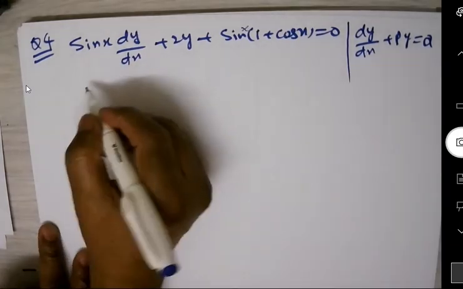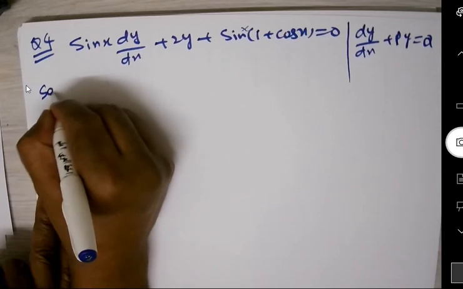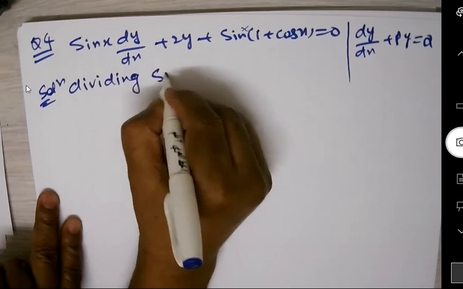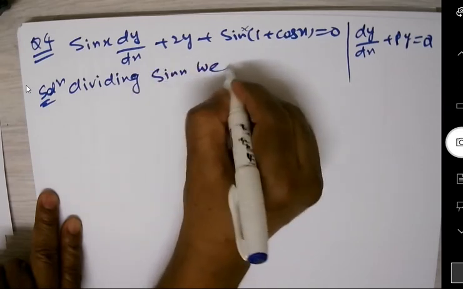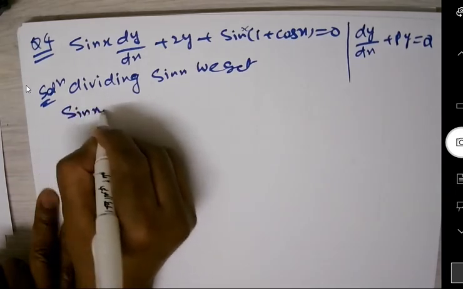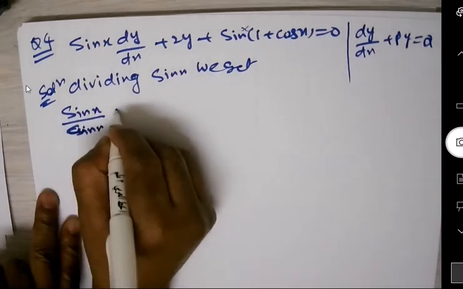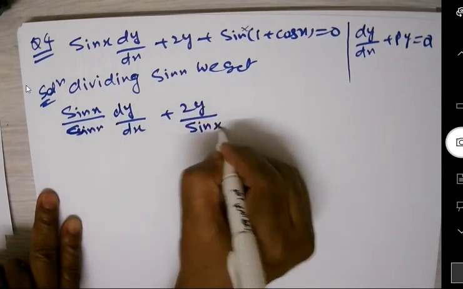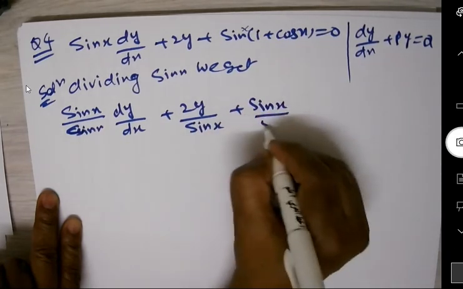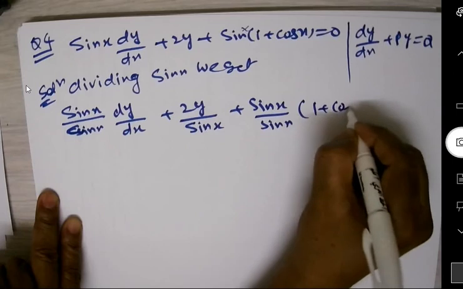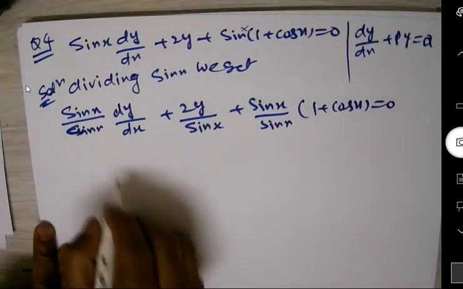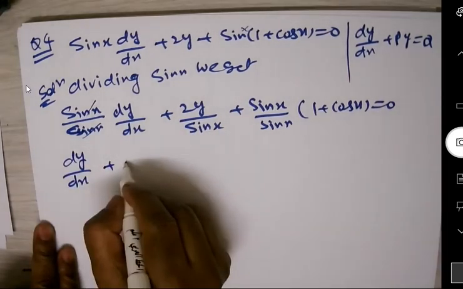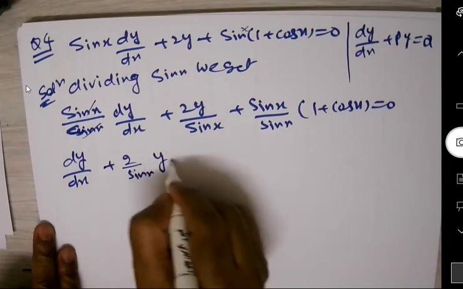So what we have to do for the solution is divide by sin x, and we get sin x divided by sin x dy/dx plus 2y divided by sin x plus sin x divided by sin x into 1 plus cosine of x is equal to 0. Now cancel this one, so it comes dy/dx plus 2 divided by sin x into y.